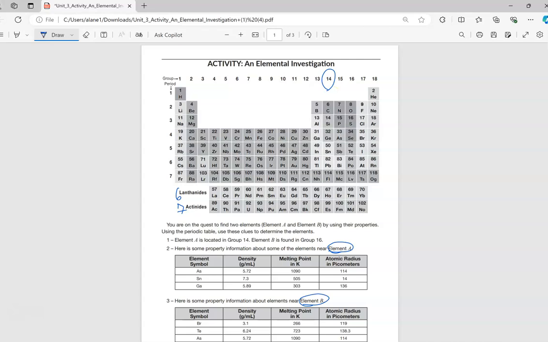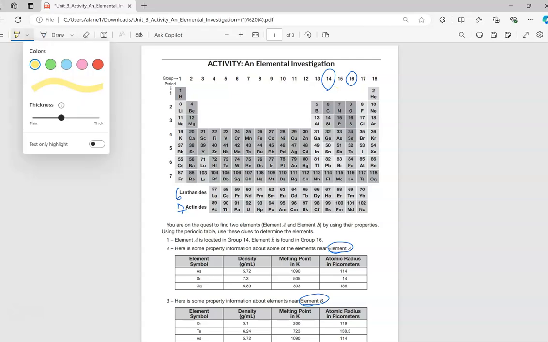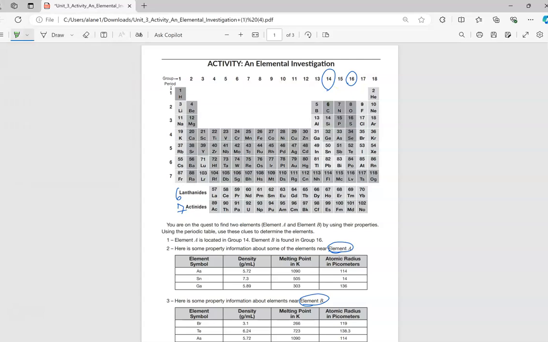And it says element B is found in group 16. I don't know if I can get these to highlight, but I'm going to give it a try. See if it'll let me undo it or erase it. Let's try to erase it. There we go. Okay, so 14 and then 16.